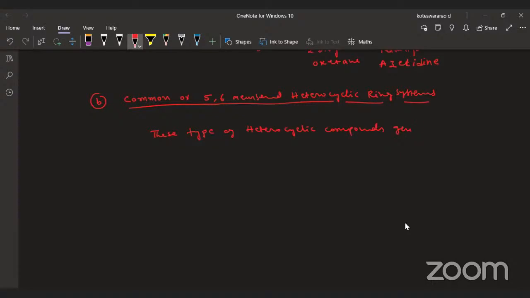Generally, 5, 6 membered rings of heterocyclic compounds.